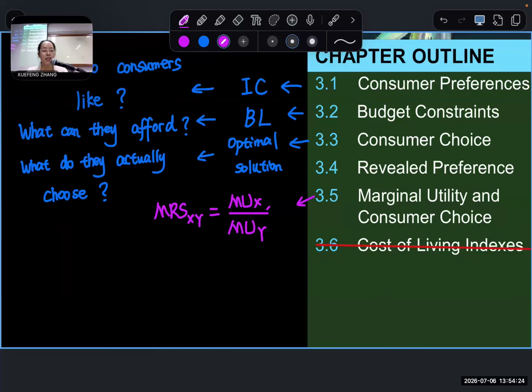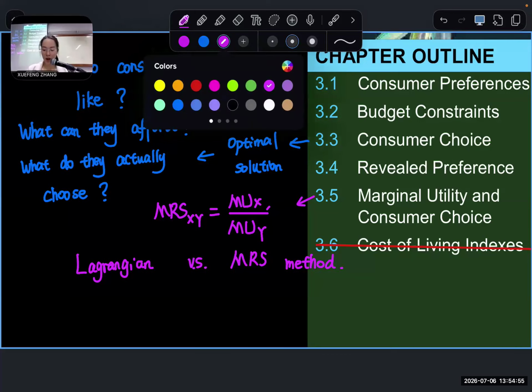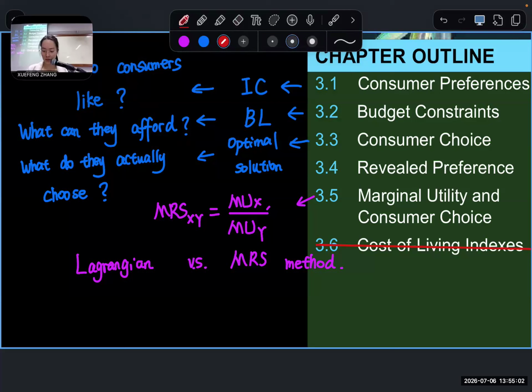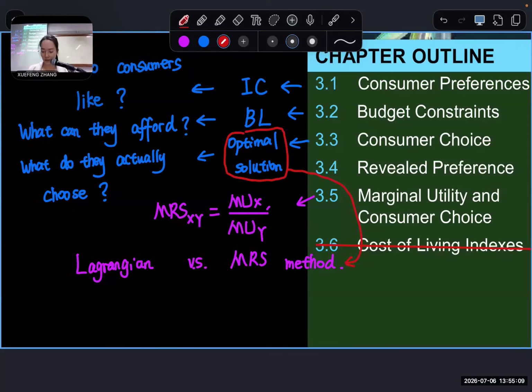Then we learned Lagrangian, which is about how to solve for the optimal solution. Two methods: Lagrangian and the MRS method.